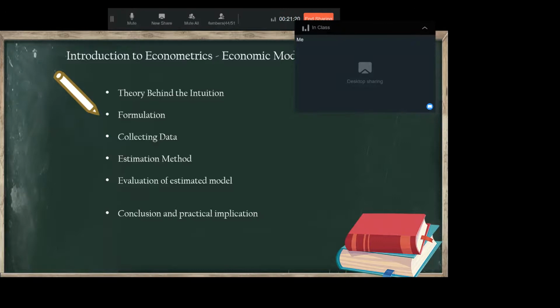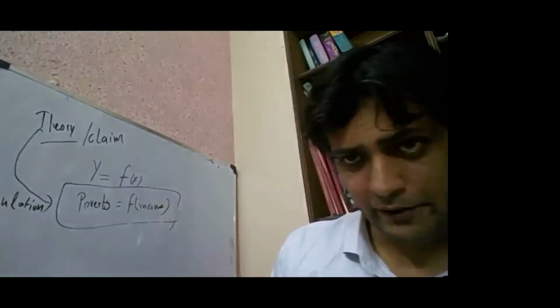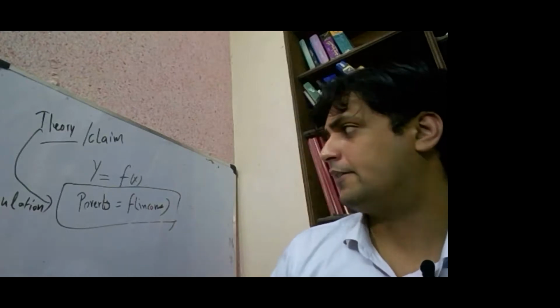For example, you can go for a single equation model. What is a single equation model? You are just learning one simple equation at one time. For example, you just want to check what is the role of it on stock prices.